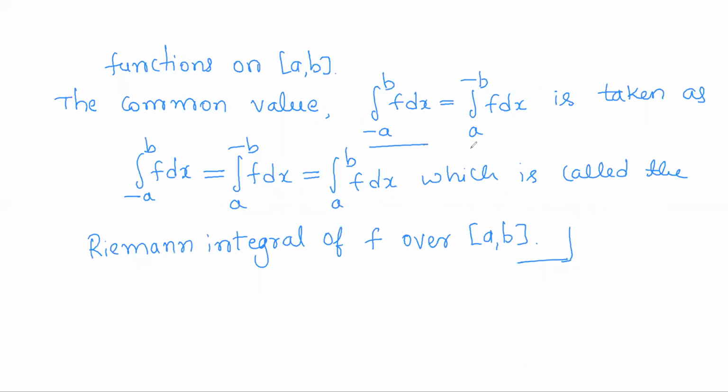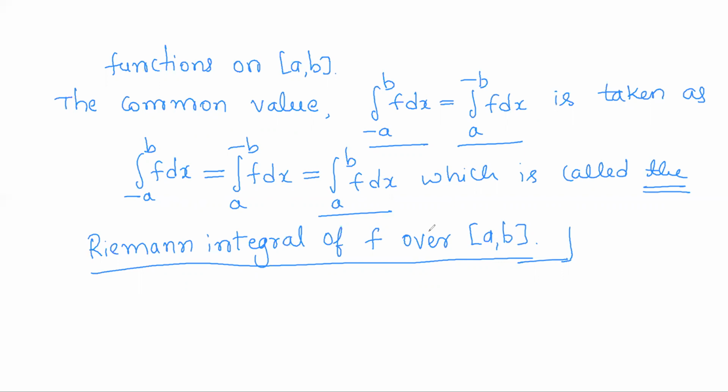And whenever the lower Riemann integral is equal to the upper Riemann integral, the common value is taken as the integral of f from a to b, which is called the Riemann integral of f over the closed interval [a, b].